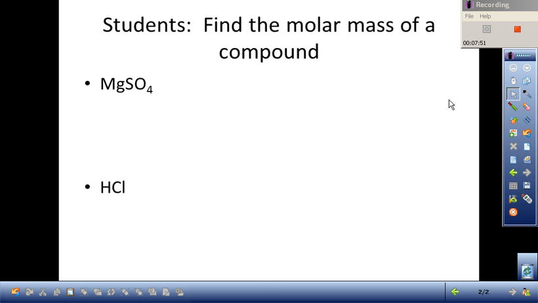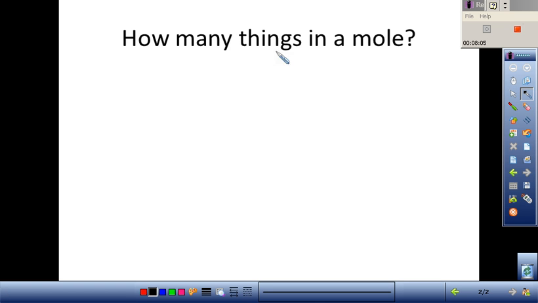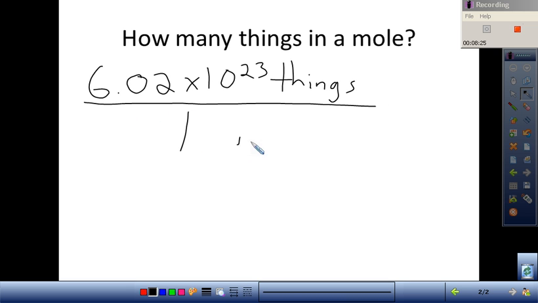Alright, how many things are in a mole? Well, remember, there's Avogadro's number of things in a mole. Just like there's always 12 things in a dozen, there's always Avogadro's number of things in a mole. Now 12 is a small number to work with in chemistry when we're dealing with atoms, so Avogadro's number is very big. And we can write this as a ratio, and we'll come back to that in a little bit.